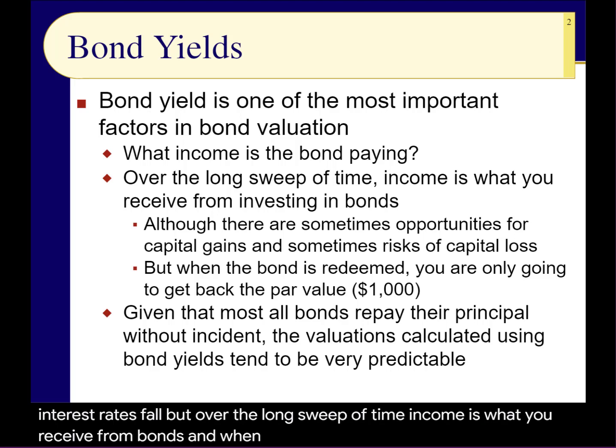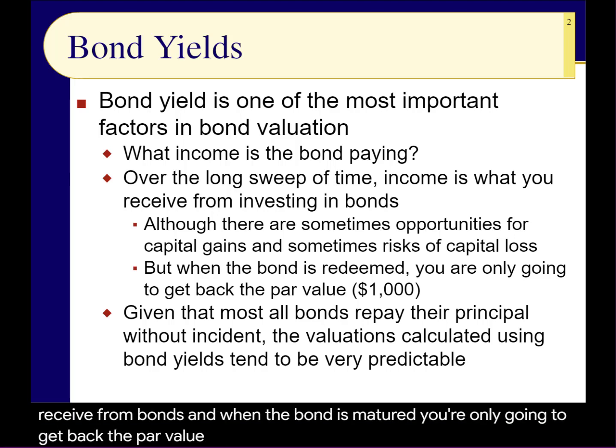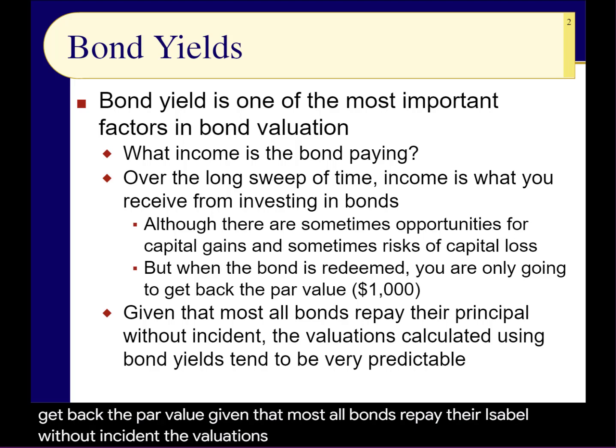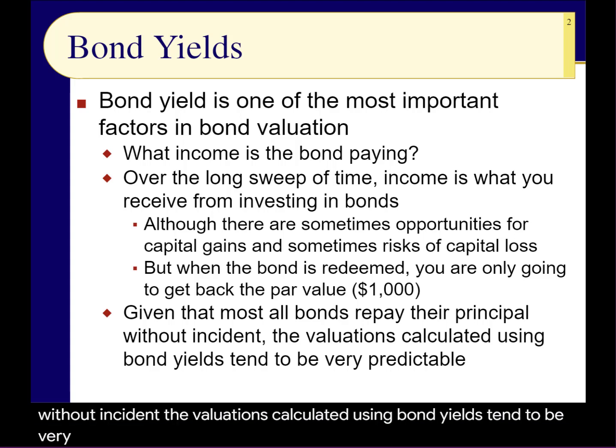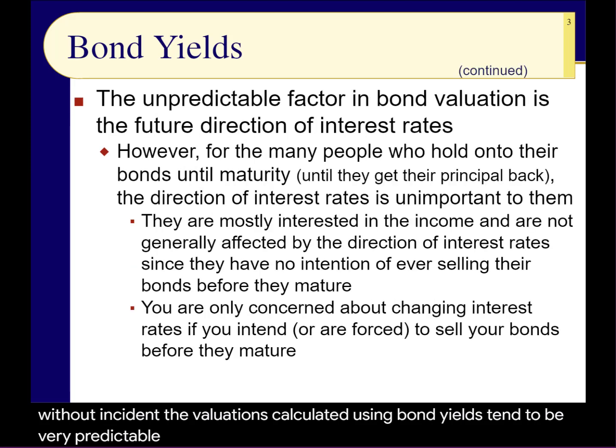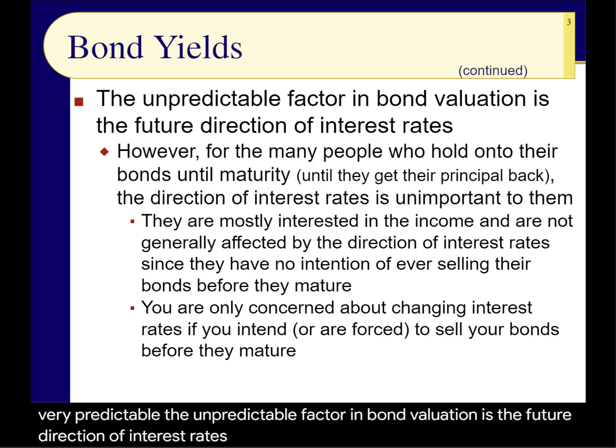And when the bond is matured, you're only going to get back the par value. Given that most all bonds repay their principal without incident, the valuations calculated using bond yields tend to be very predictable. The unpredictable factor in bond valuation is the future direction of interest rates.